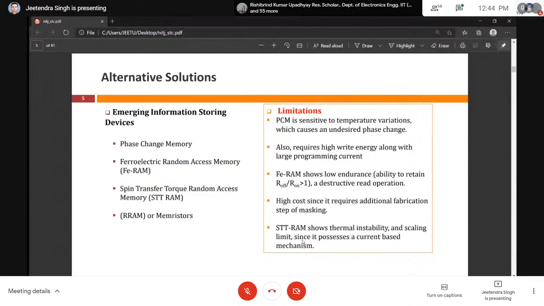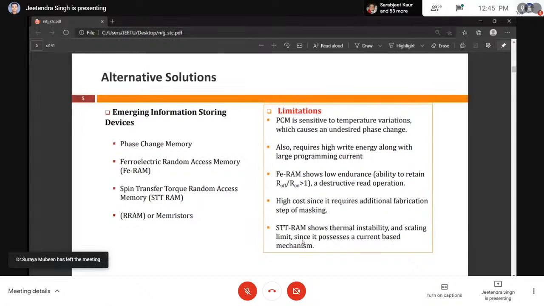Also, we have another memory that is known as FeRAM, ferroelectric random access memory. There is only one difference between DRAM and FeRAM: the insulating material of the capacitor of the DRAM is replaced by a ferroelectric material.